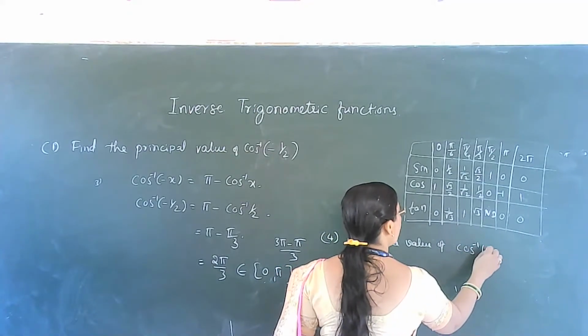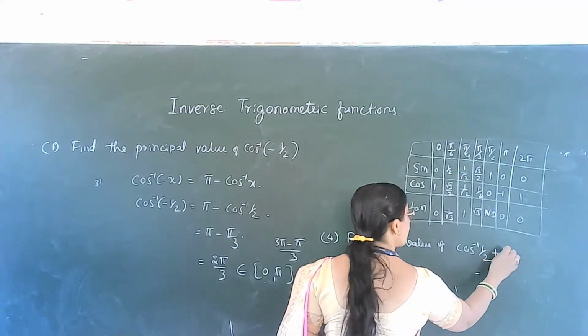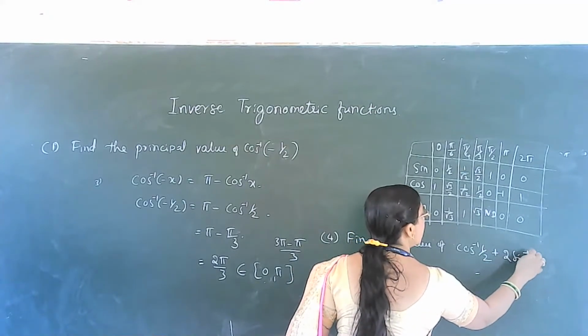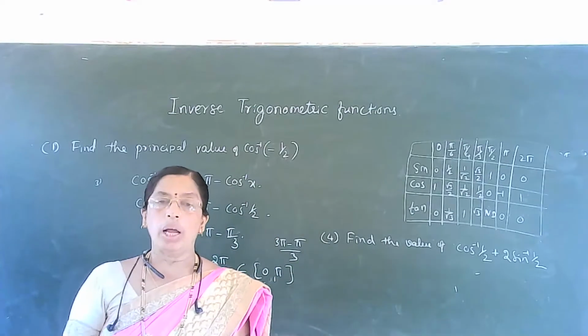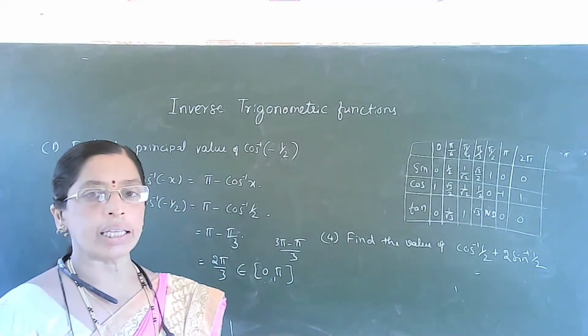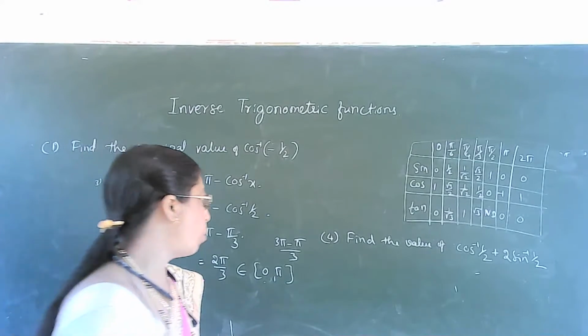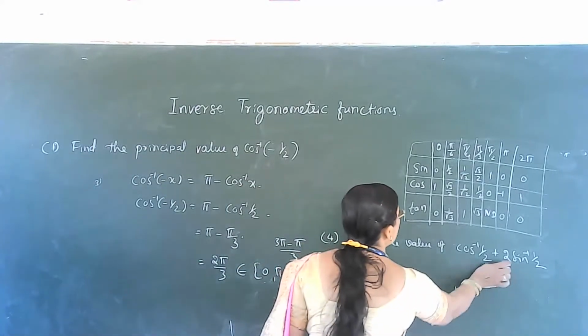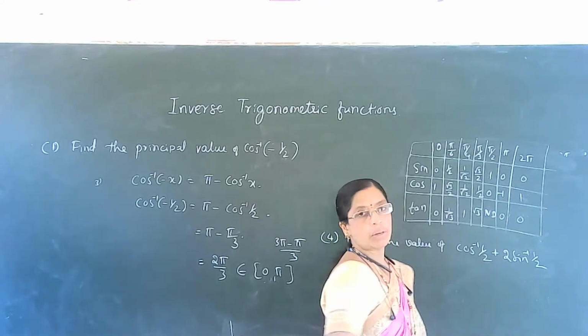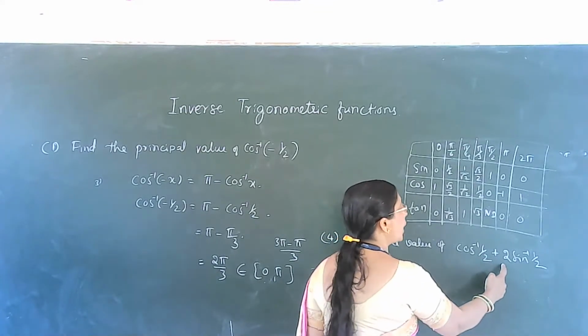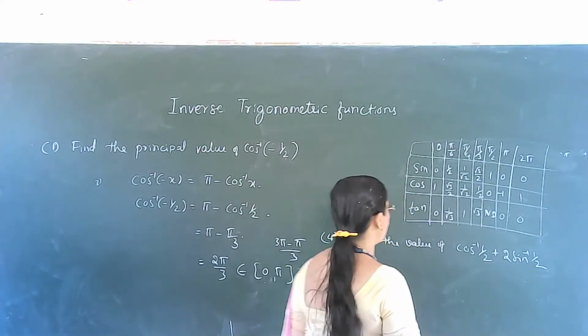Next, let's find the value of cos inverse 1 by 2 plus 2 sin inverse 1 by 2. You already know that sin inverse x plus cos inverse x is equal to π by 2. But here cos inverse 1 by 2 plus 2 sin inverse 1 by 2 means 2 times sin inverse 1 by 2.